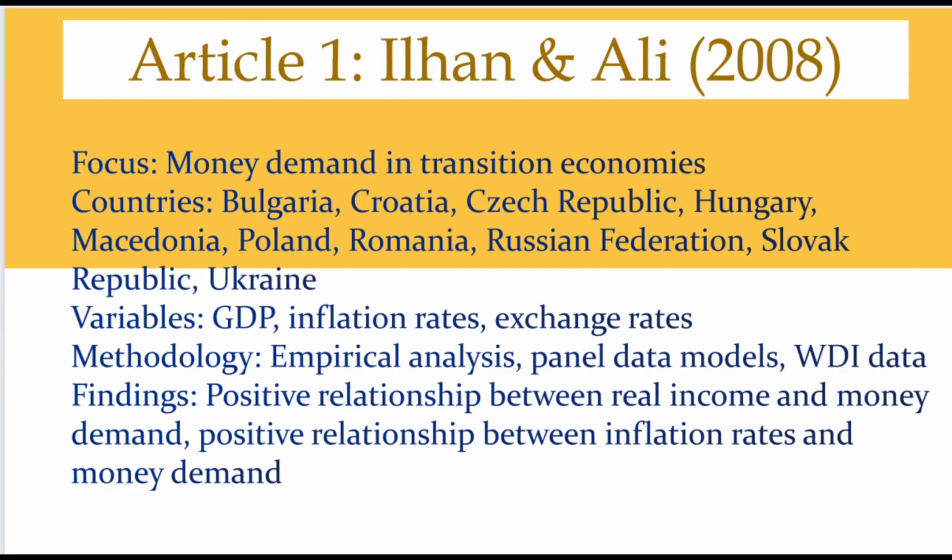The study used panel data from 1994 to 2008, covering the 10 countries. The researchers employed a feasible generalized least squares model to address potential endogeneity issues in the study.